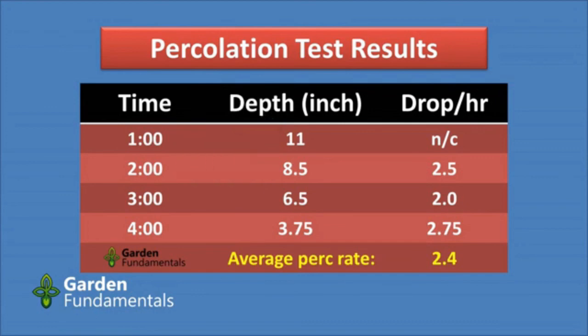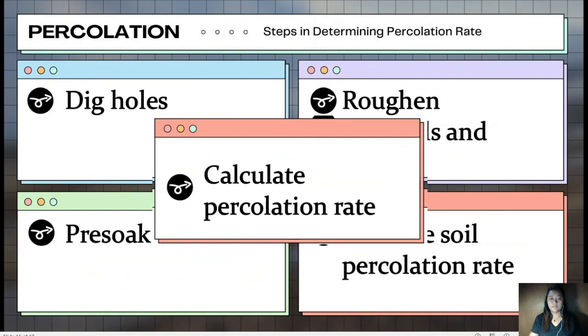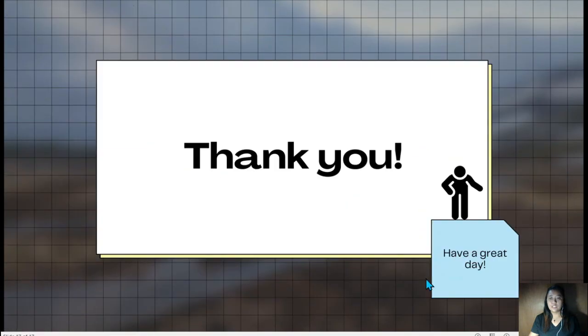To figure out how much the water dropped, just subtract those two values. 11 minus 8.5 gives you 2.5. That tells you the water dropped 2.5 inches per hour. Do the same with the other time increments, then take all of your drops per hour and average them. That will give you your average perk rate, which in this case was 2.5 inches. So that's all.